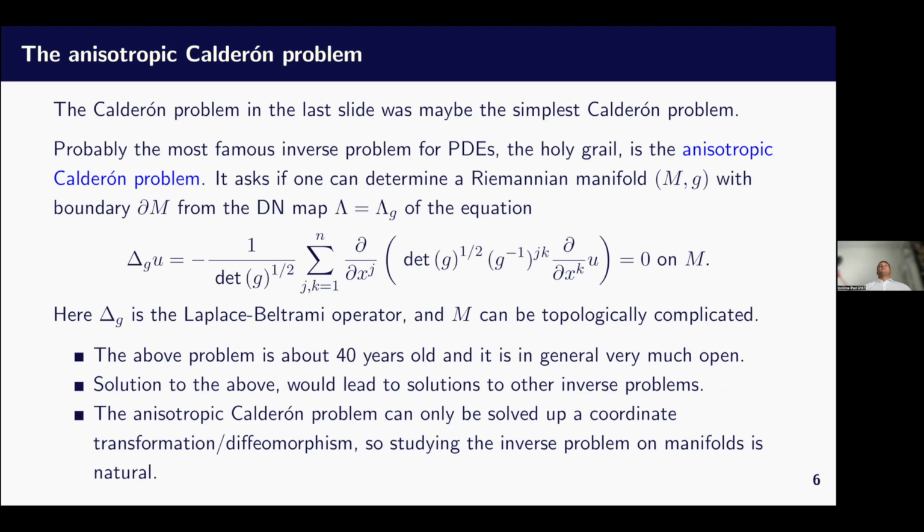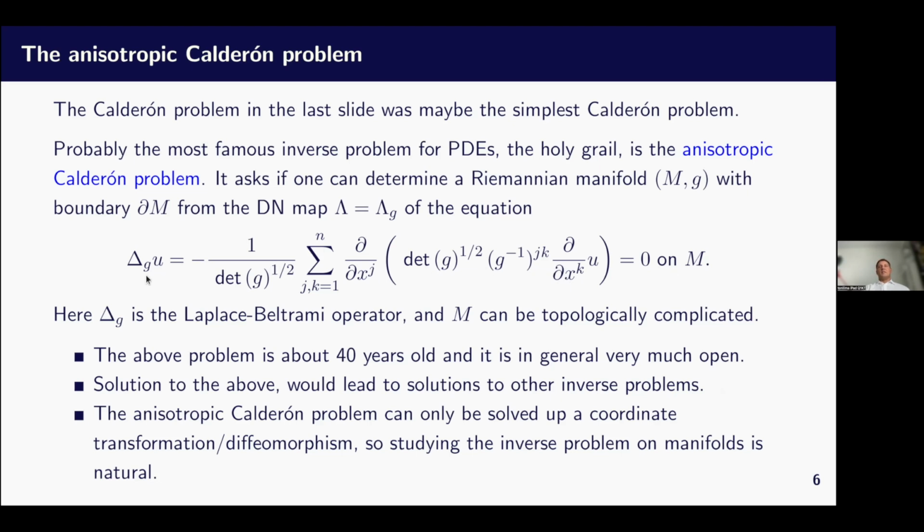It asks if you can determine a Riemannian manifold (M, g), where M is a manifold and g is a metric, which I will explain in a while. This manifold has a boundary, dou M. You need to determine this Riemannian manifold from the corresponding Dirichlet-Neumann map of the equation Laplace g u, which I will explain in a second, is 0.